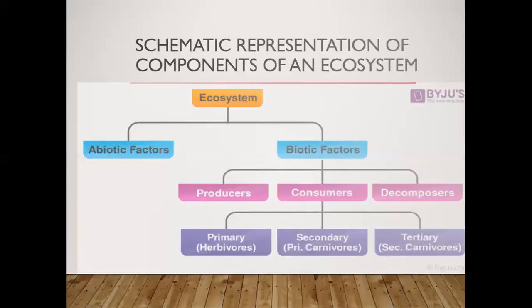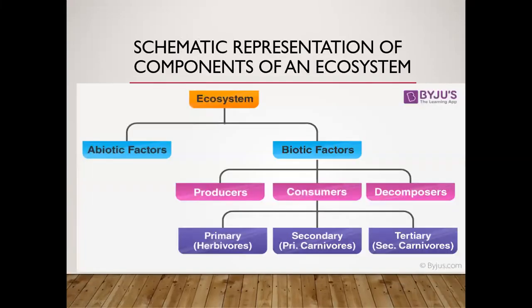Okay, look at this diagram, a schematic representation of components of an ecosystem. In an ecosystem, we have two main components. Please follow. This will explain it better. We have abiotic factors or components, and we also have biotic.